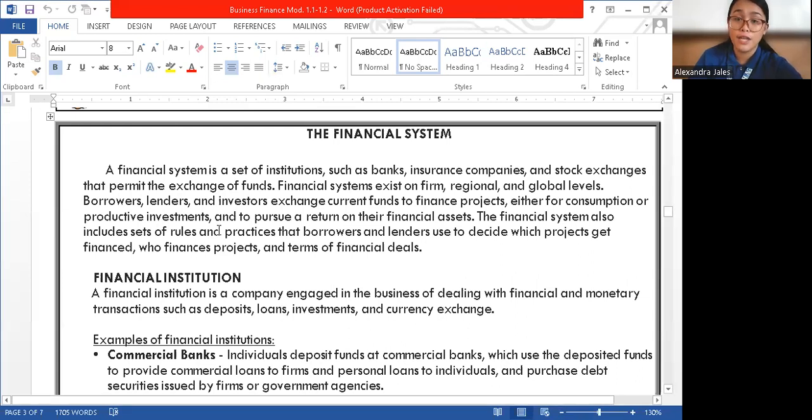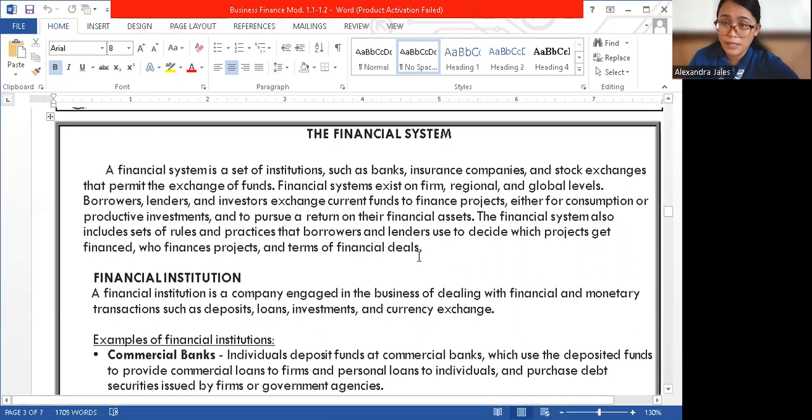Borrowers, lenders, and investors exchange current funds to finance projects, either for consumption or productive investments, and to pursue a return on their financial assets. The financial system also includes sets of rules and practices that borrowers and lenders use to decide which projects get financed, who finances projects, and the terms of financial debts.